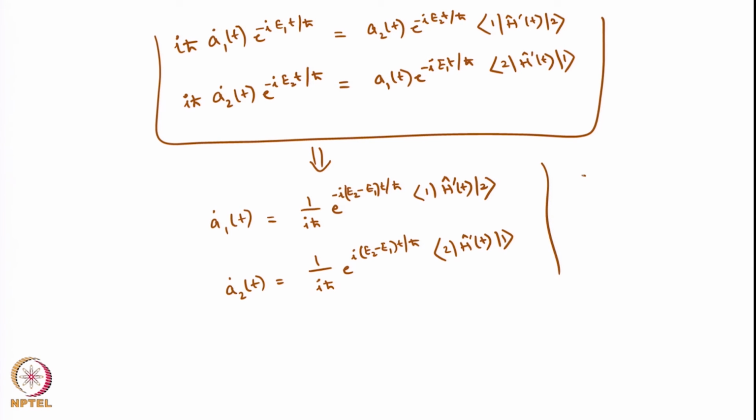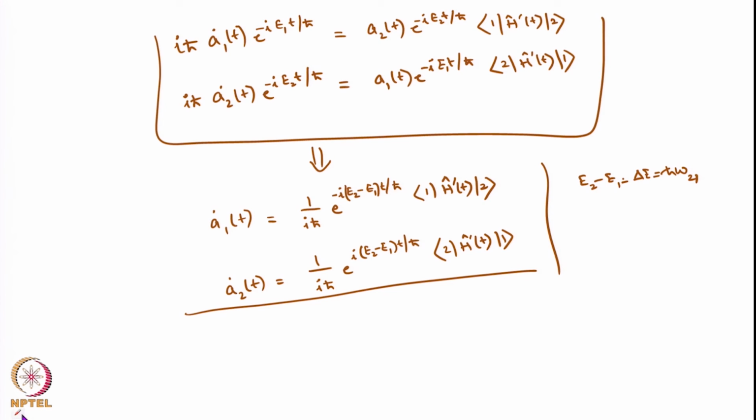Now let us say E2 minus E1 is equal to delta E, which is equal to h bar omega 21. Omega 21 is the angular frequency that corresponds to the energy difference between the E2 and E1 states. So when I replace E2 minus E1 with h bar omega 21, this h bar in the numerator and this h bar in the denominator will get cancelled.